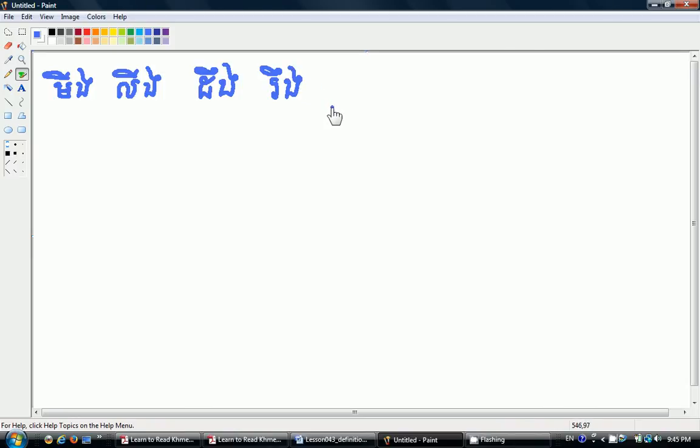Write mong. Mo. Mo sra. Sra. Change the sound to sra. So mo mu. Mu ngo mong. Okay. Now write chong. Jaw.